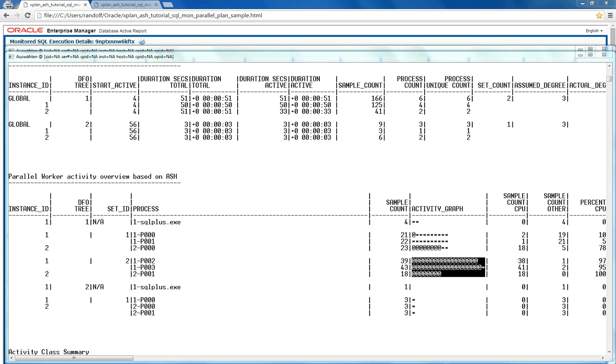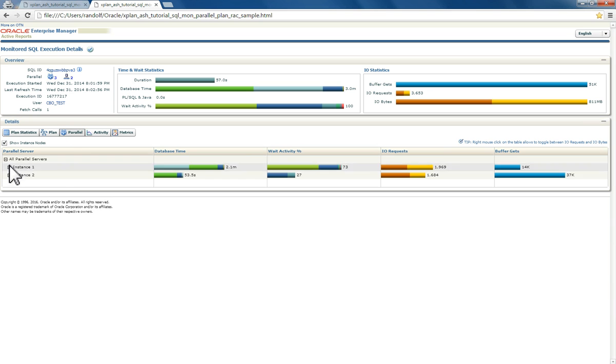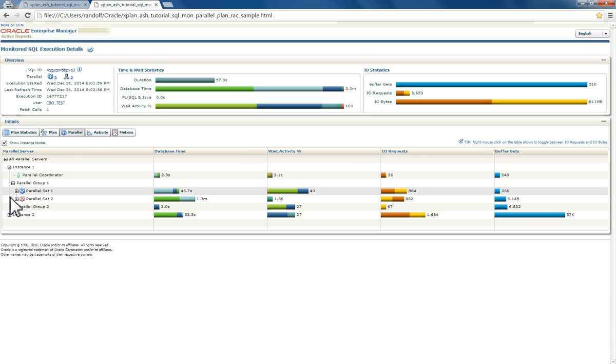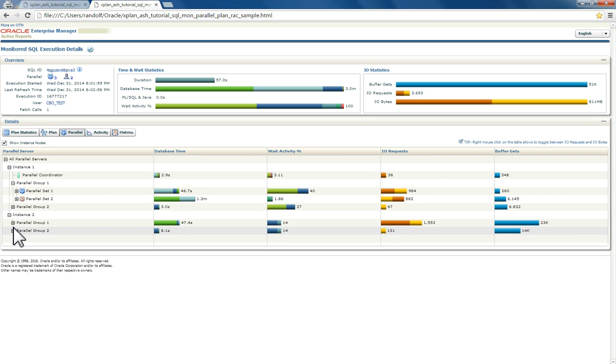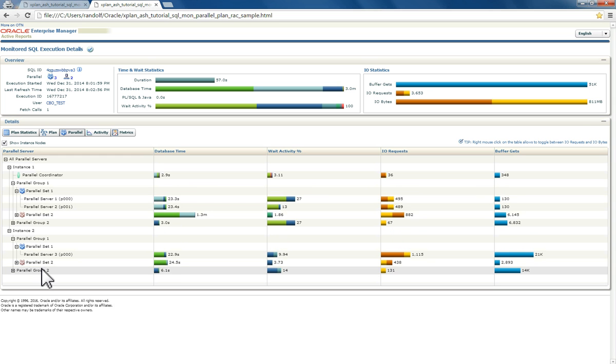In the real-time SQL monitoring, by default, the organization in this section looks a bit different if we have a cross-instance parallel execution, because it is per instance, which is also not bad, because we then see the total amount of database time per instance, but it's not really helpful if we want to get an understanding of this work distribution, because now the different processes of the sets are spread across these different sections.